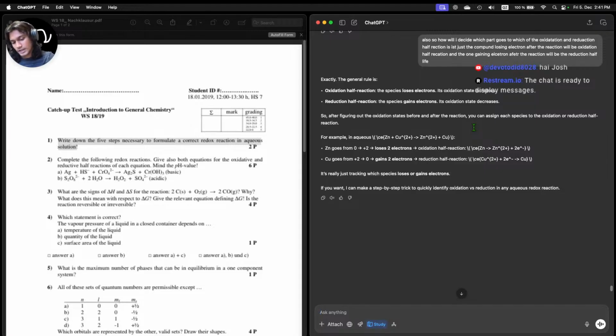Now, how do we realize if we lose or gain electrons? So, let's take MnO4 minus, and now it's Mn2 plus. What does that mean? Minus means it has one electron extra. Right? I'm just writing this, it's not real.